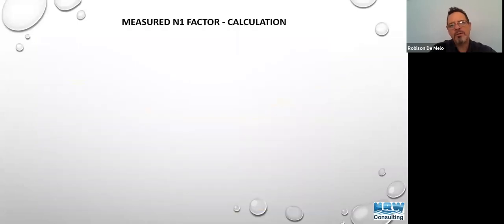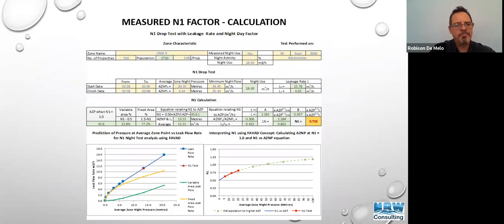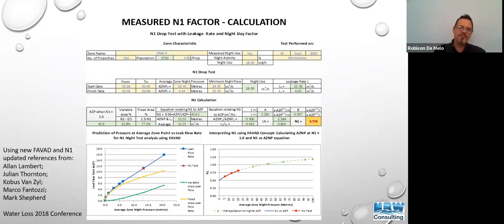Now we do a calculation, based on the new FAVAD and N1 update references that were presented by Alan, Julian Thornton, Cobus, Mark Fontos, and Mark Shepard at Water Loss 2018. So we can calculate this N1 using the drop test and the measured night use.